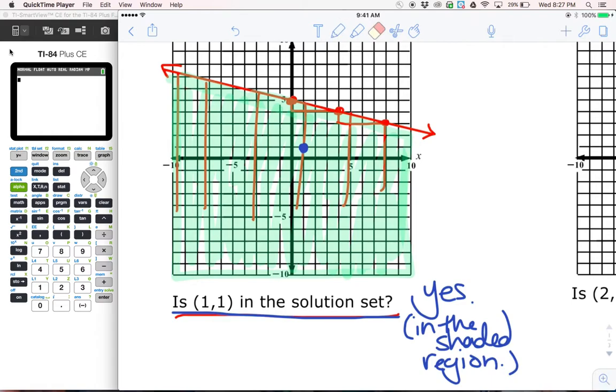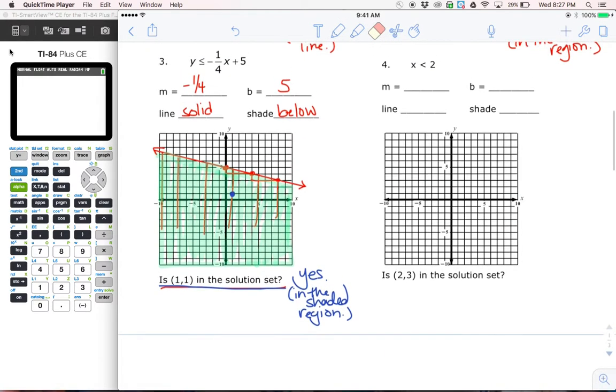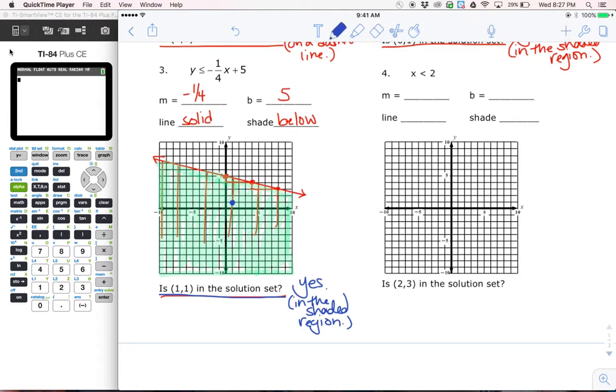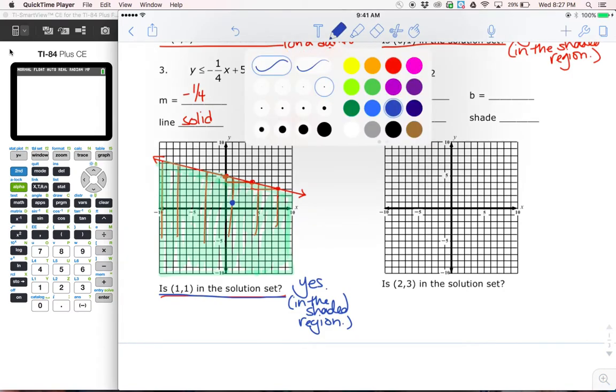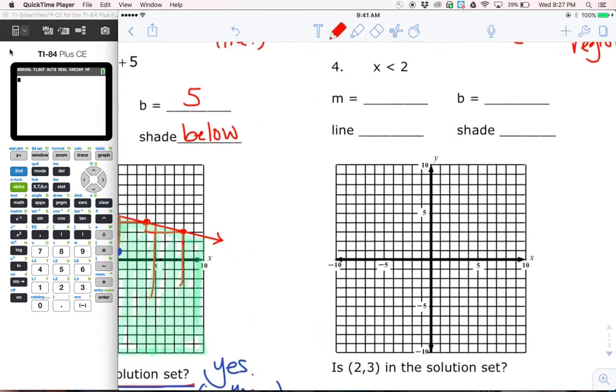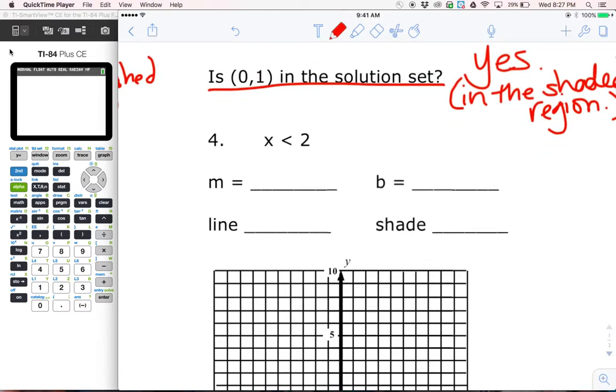Okay, here we go. We've got one last graph to do, and this one is a little bit tricky. You'll notice that we don't have a normal slope-intercept inequality, right? y equals mx plus b. We just have x. So if you'll recall, our slope and our y-intercept are a little bit strange. Our slope, because there's no y equals or y at all, is actually going to be undefined.